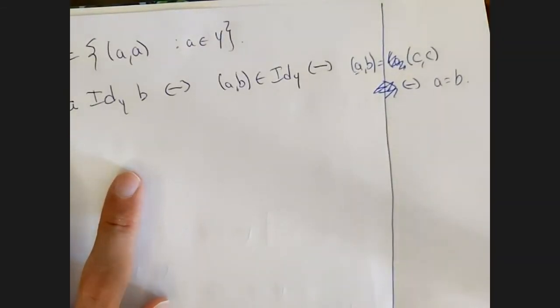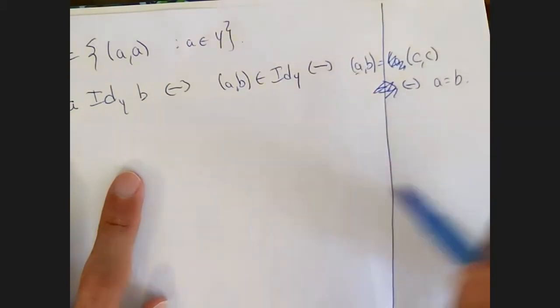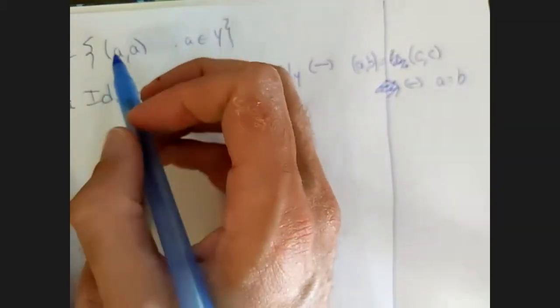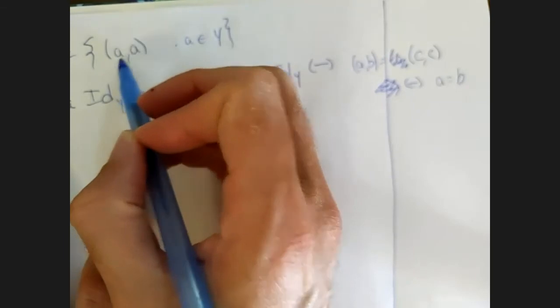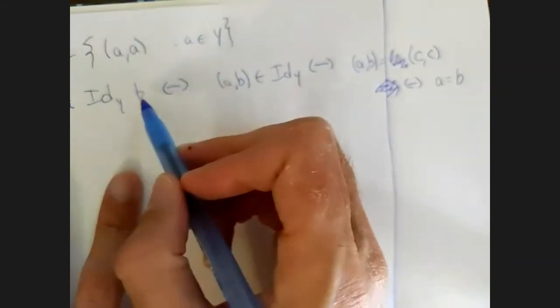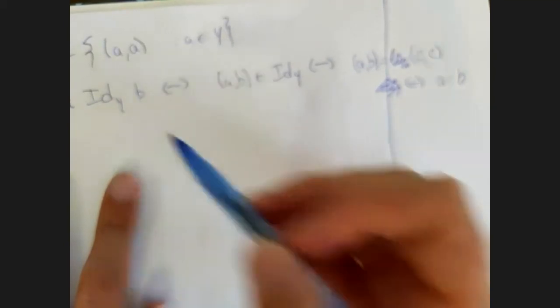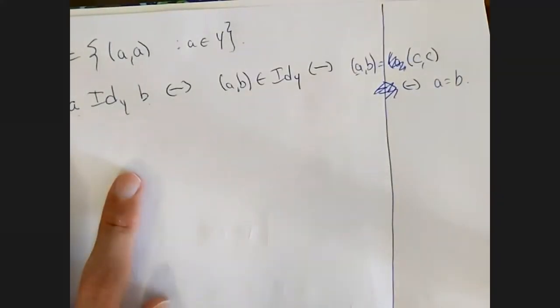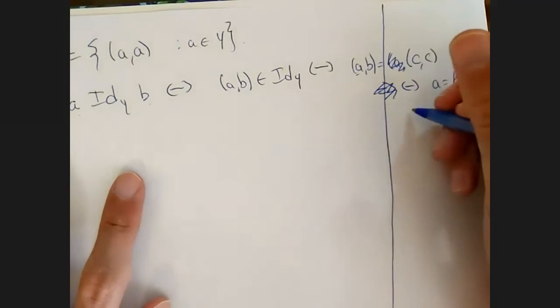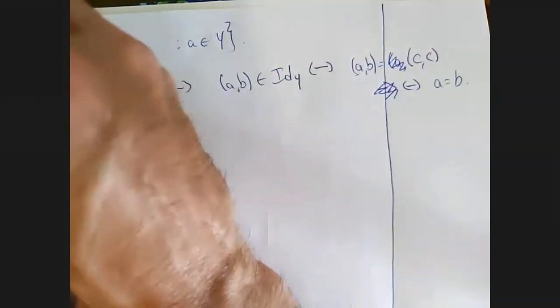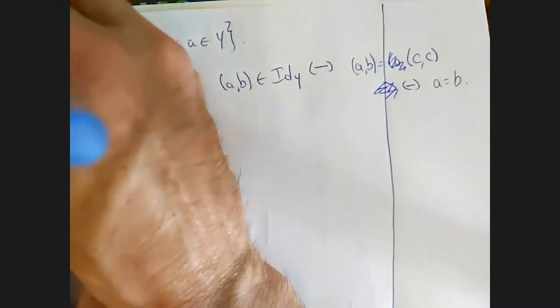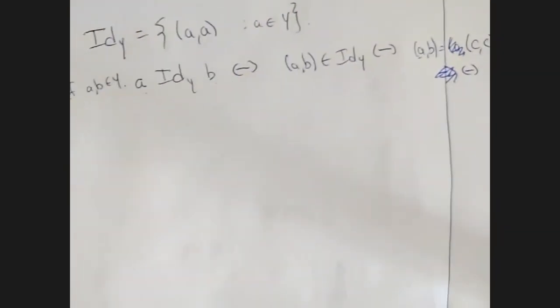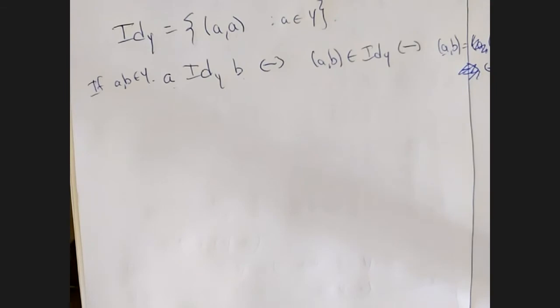So by defining the identity relation to be all the ordered pairs whose first and second coordinates are equal, A is related to B if and only if A equals B. Of course we need the assumption that A and B are both in Y. So this identity relation on Y is just equality of things in Y.